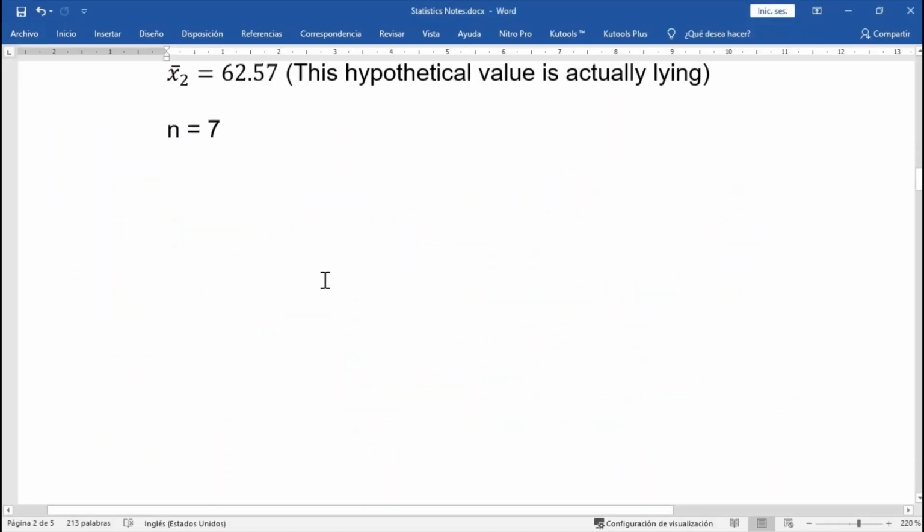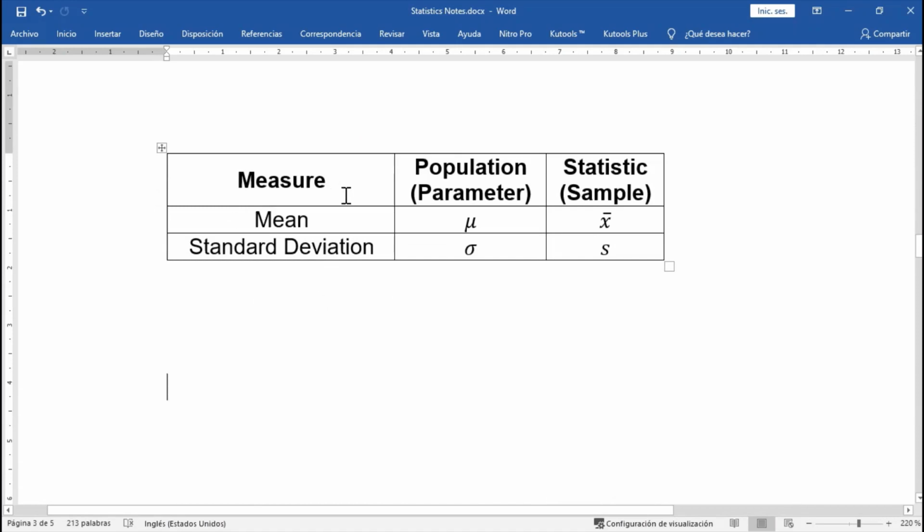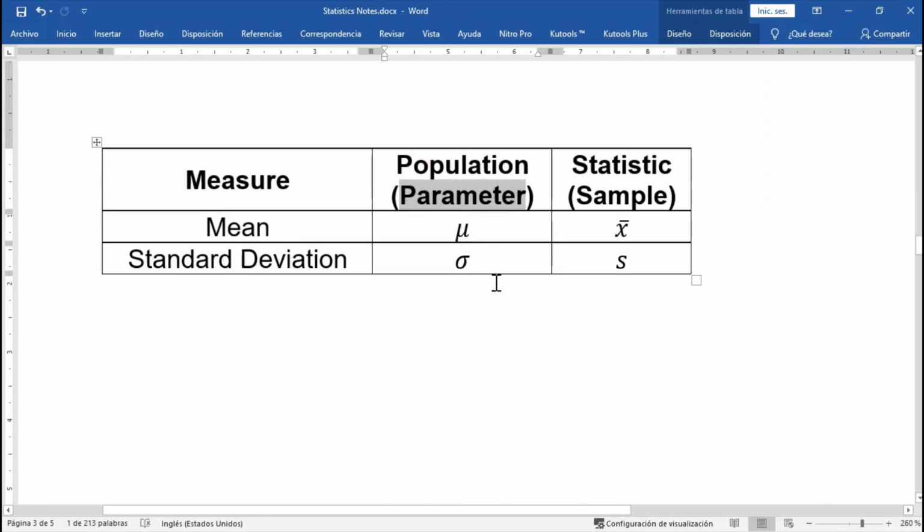We are here on the notes. We are going to go to the next page, and we have this table. So for the mean of a population, remember, I clarified these words here. Parameter are the values that come from the population, and statistic are the values that come from the sample. This is a very important comparison in statistics.